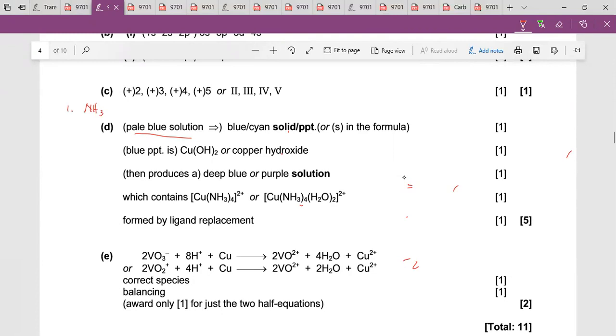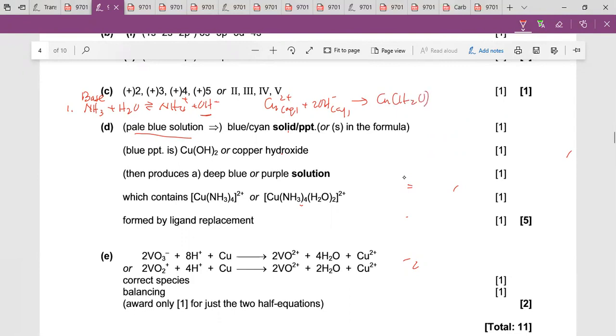One is as a base. Because with water, it will supply OH minus, NH4+ OH-, a small amount. So this will react with your copper 2 plus, plus 2 OH- aqueous to give you your blue precipitate.